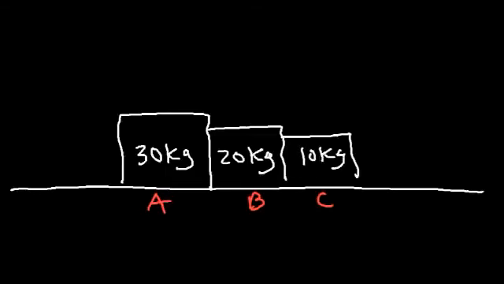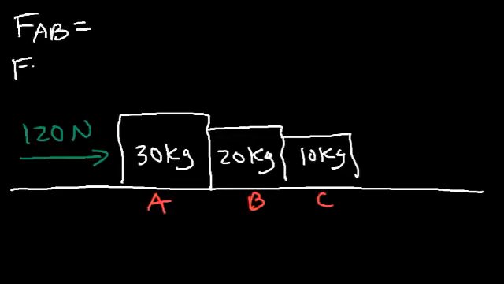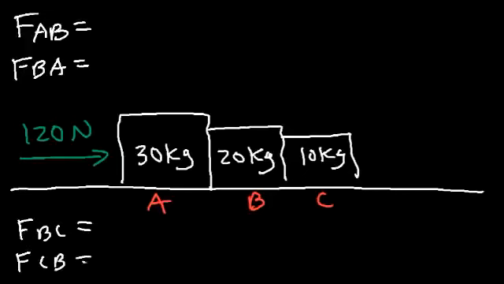So we're going to apply a force of 120 newtons. So go ahead and calculate the force that A exerts on B and the force that B exerts on A. Also, find the force that B exerts on C and the force that C exerts on B.